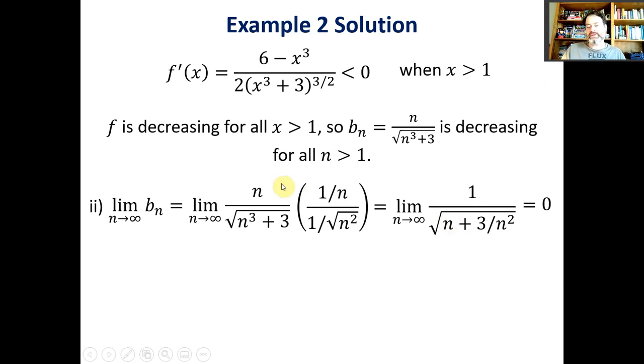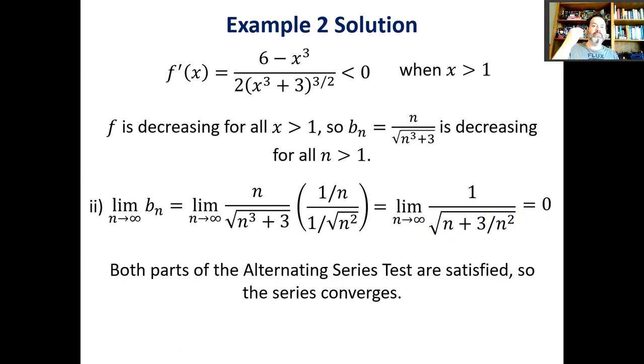And now it makes sense, right? n times 1 over n is 1. I can distribute this 1 over n squared in here. So n cubed divided by n squared is just n. And then here we have 3 over n squared, all under the radical. When I plug in infinity, this is 0. 1 over square root of infinity is 0. So we showed both parts of the alternating series test are satisfied, so the series converges.